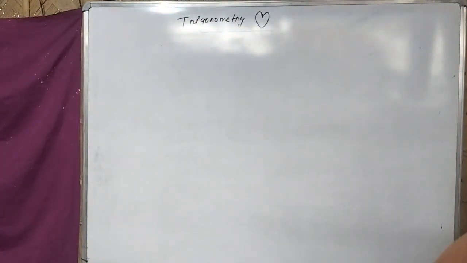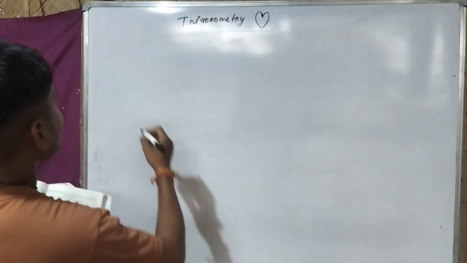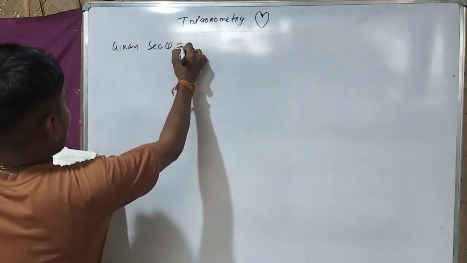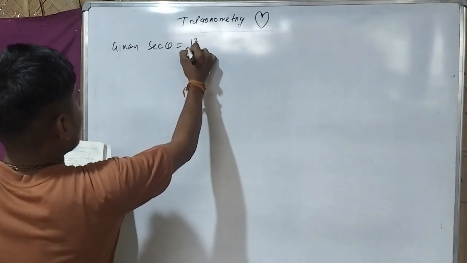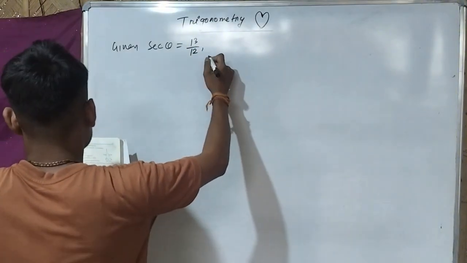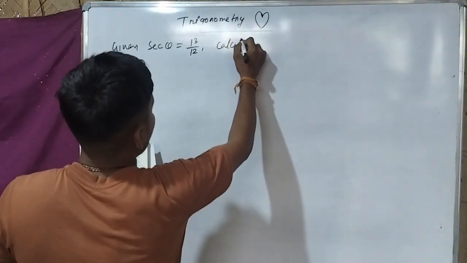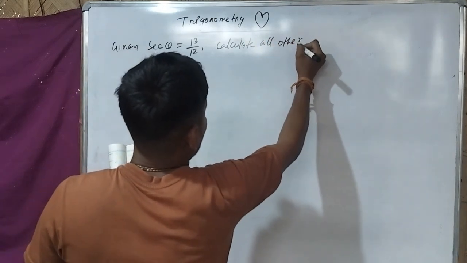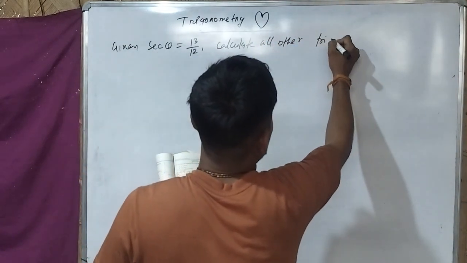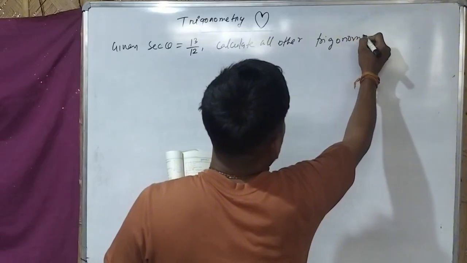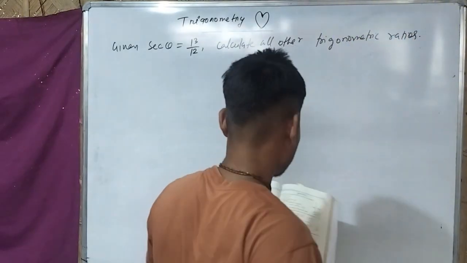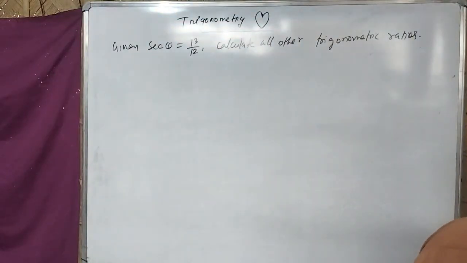Given sec theta equal to 13 by 12. Calculate all other trigonometric ratios. Sec theta is given. You have to find all the other trigonometric ratios.